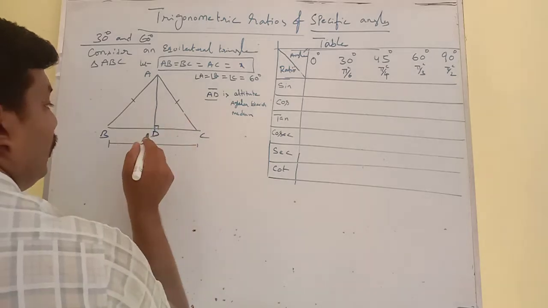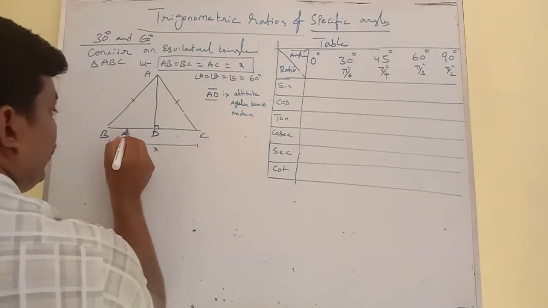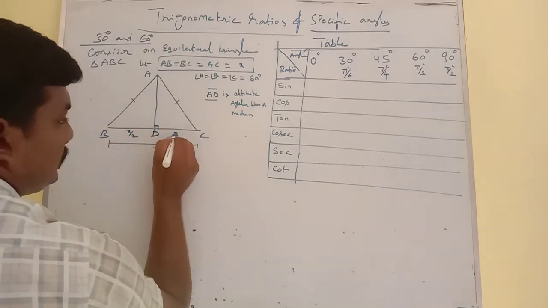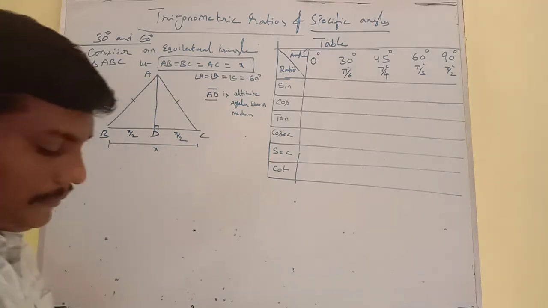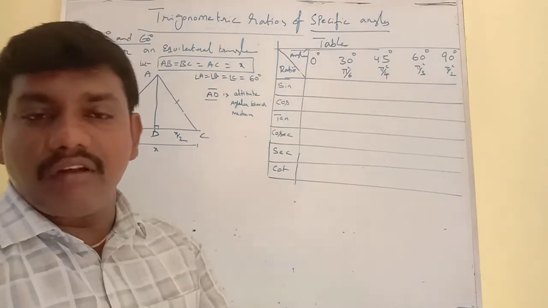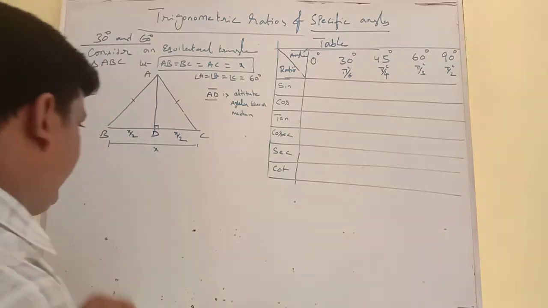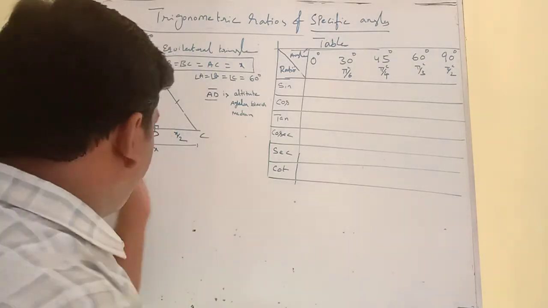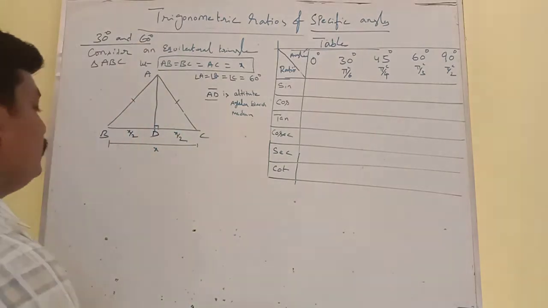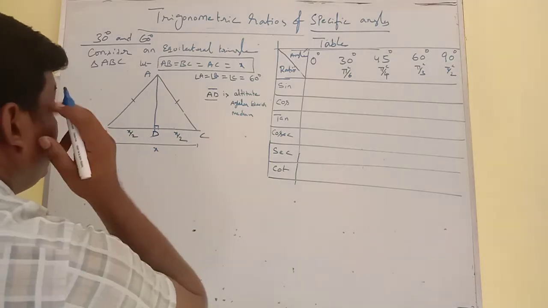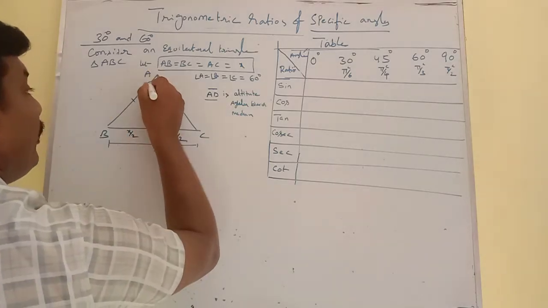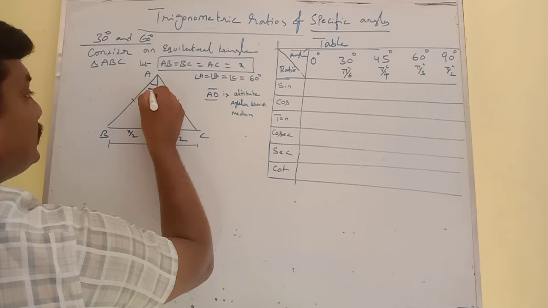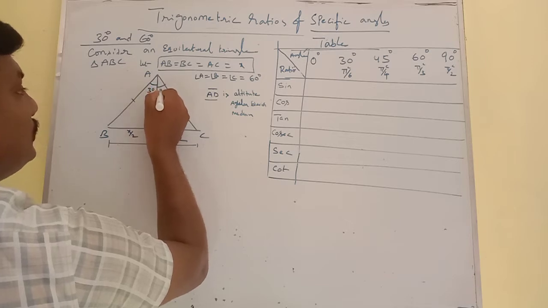So here the median divides the base, and this becomes x by 2 and this also becomes x by 2, because a median divides the base into two equal halves as it touches the midpoint. Now this angle is also divided into two equal parts, that is 30 degrees and 30 degrees.